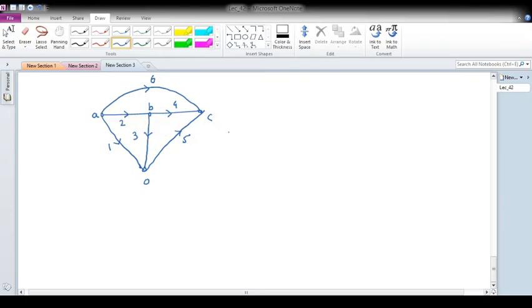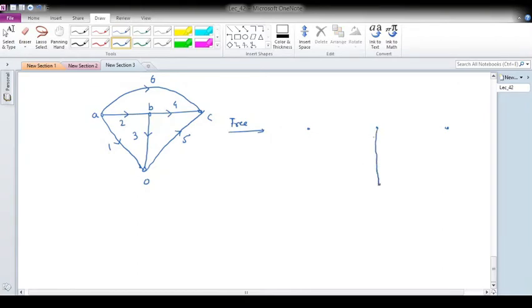Okay, now suppose one of the trees is like this. One of the forms, okay, you can take any tree, but the tree has to be a tree because there should not be any loop. Okay, that should be the constraint.